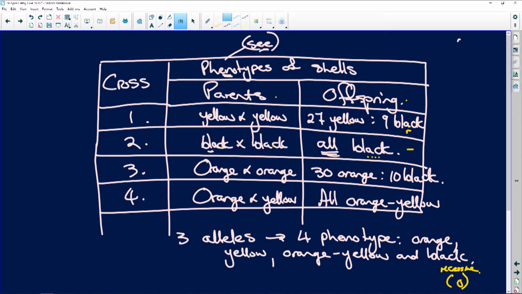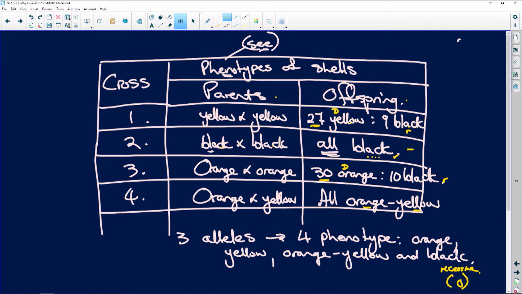If I have an orange and an orange, I end up with 30 oranges, which is high. 30 yellows is high. So this is dominant, this is dominant, and again our little black is recessive. And then here, orange times yellow, and they are all orange yellow.